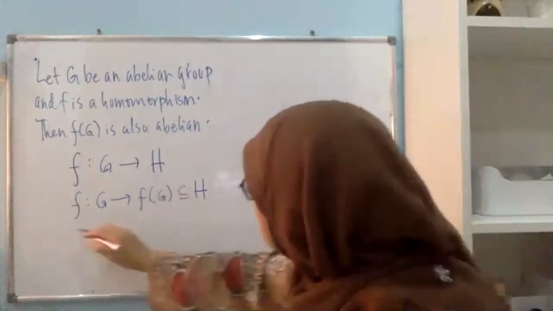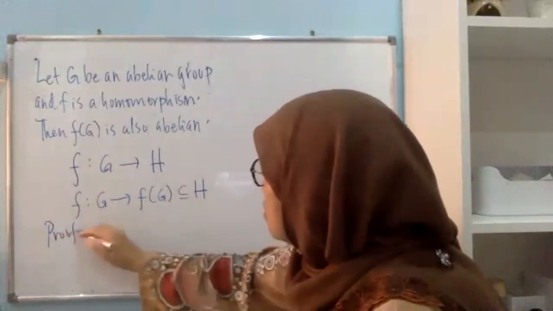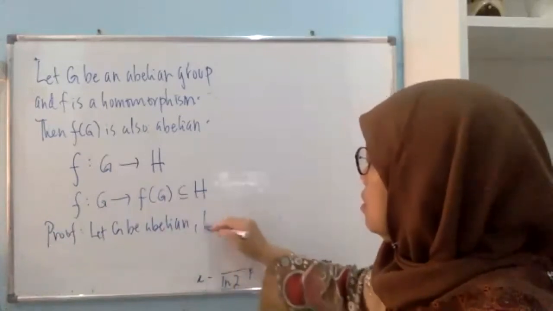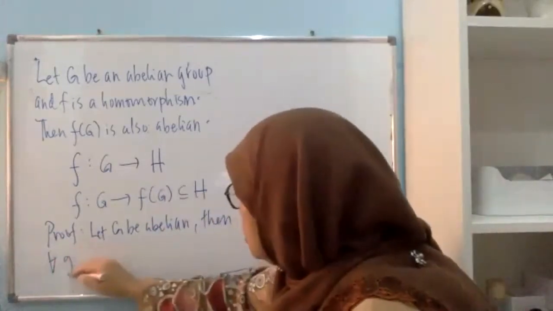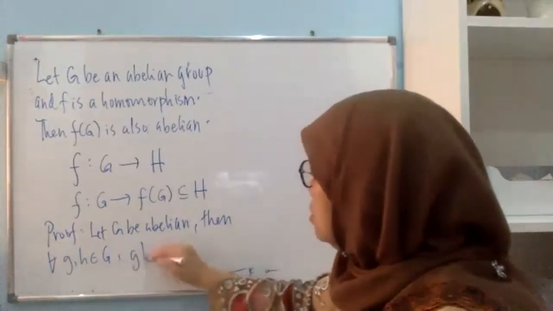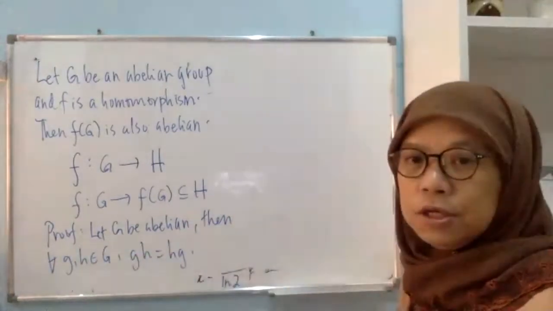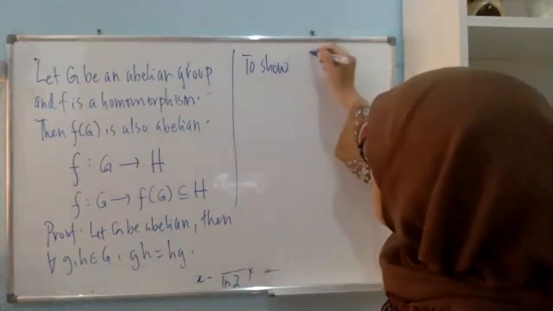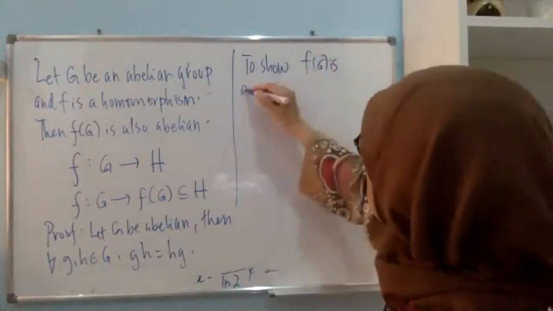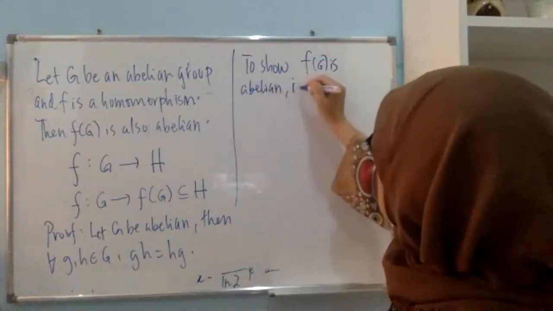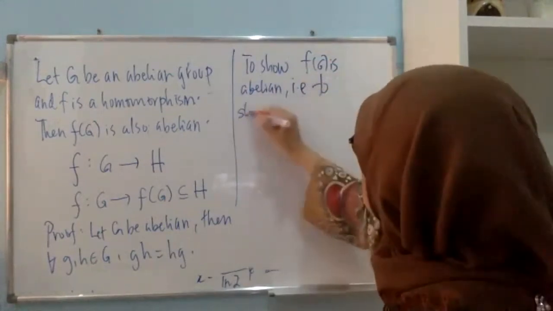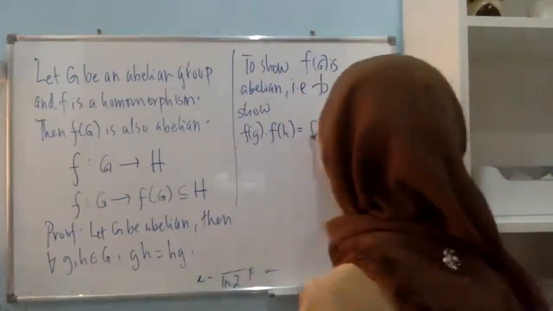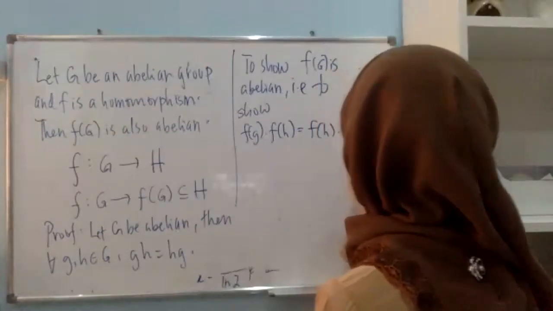So now the proof is: let G be abelian. Then for all g, h in G, gh is hg. To show f(G) is abelian, that is to show f(g)f(h) is f(h)f(g).